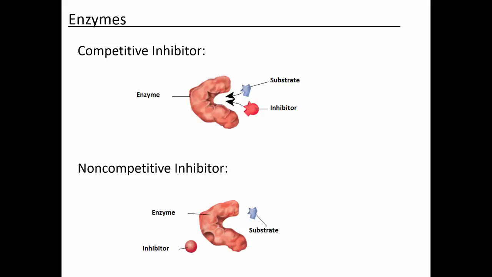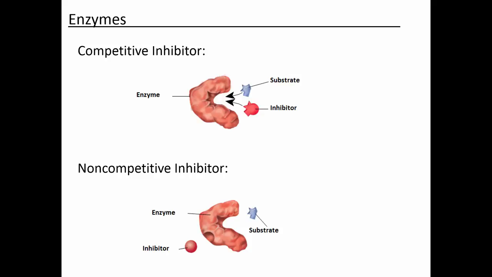In terms of inhibitors, they occur naturally as a way of regulating enzyme activity. In some cases you're going to want the enzyme on, in other cases you're going to want the enzyme off. One way of keeping an enzyme off without destroying it would be through a competitive inhibitor. They could also be poisons or drugs.